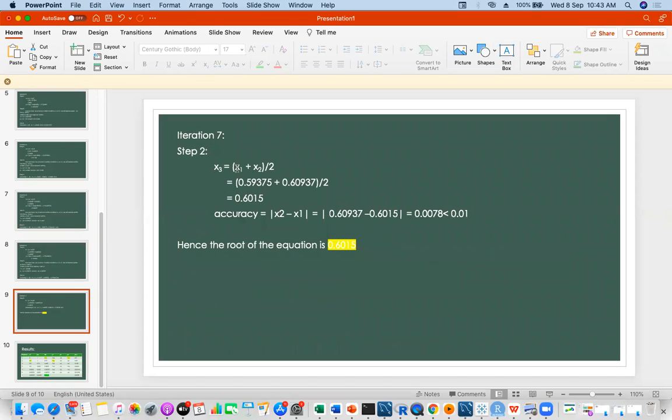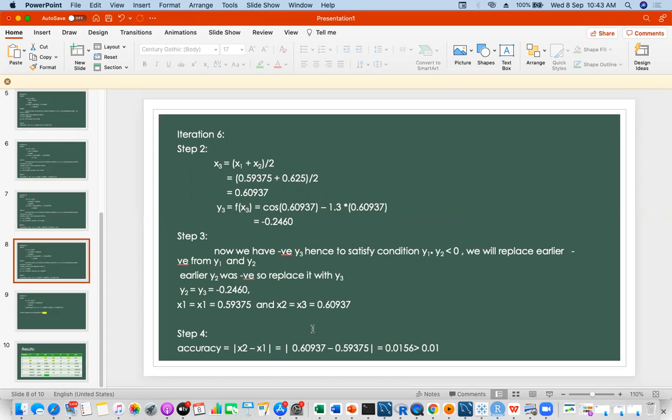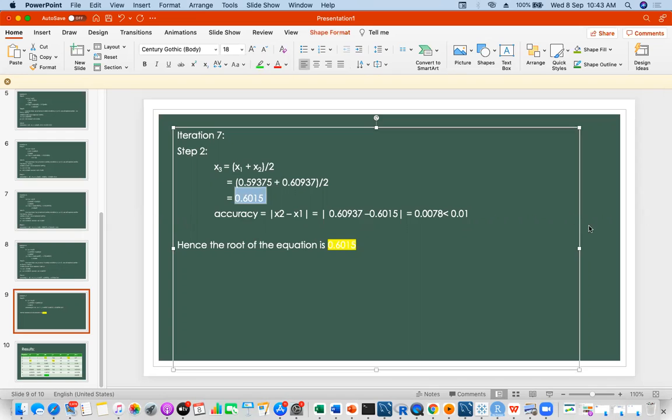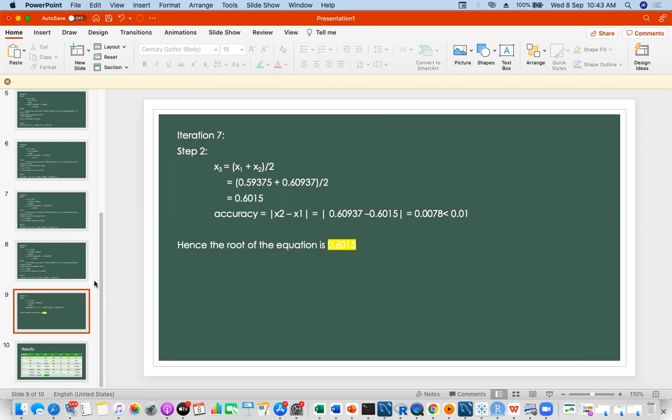So we will not find y3 and all these values; after achieving a nearer value, we will directly calculate x3. x3 is 0.6015. We calculate the accuracy, 0.0078, which is less than 0.01. So now our root is 0.6015. That is the root of the equation, and that is our final answer.